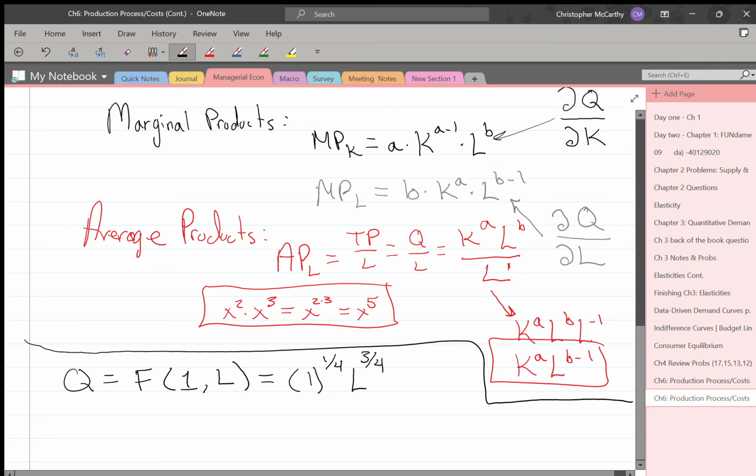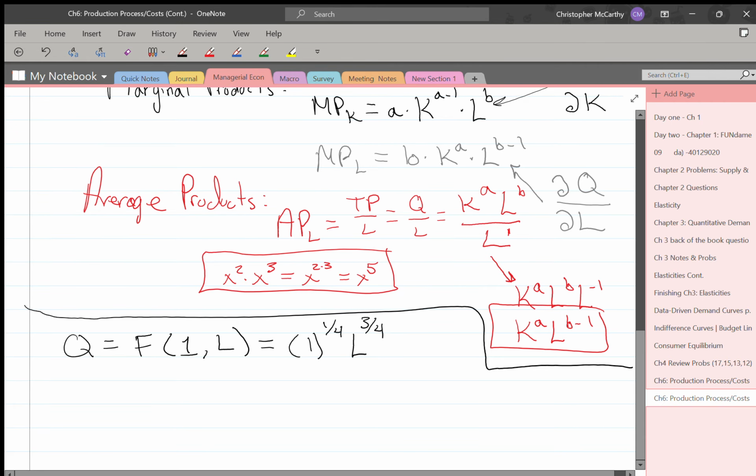So we fixed capital, and at this point now we can go ahead and calculate what our marginal product of labor is at L equal to 16, when K is fixed to equal 1.